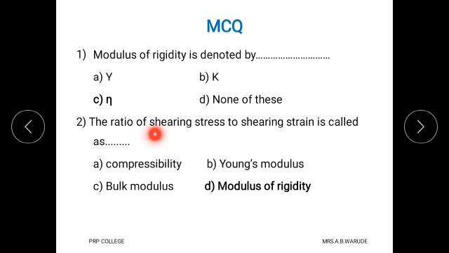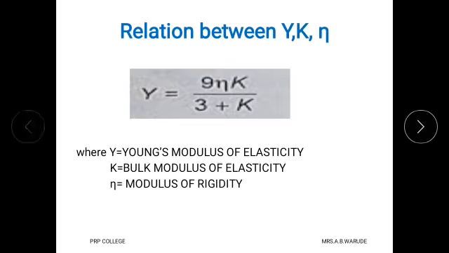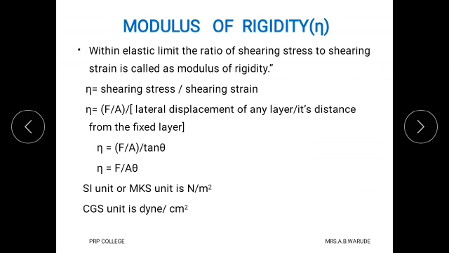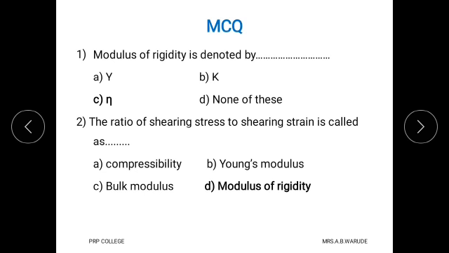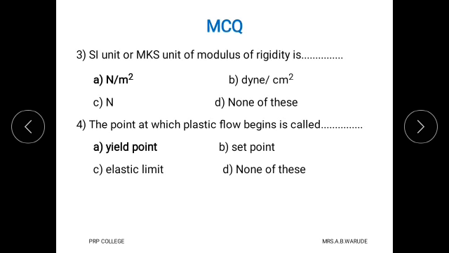Second question: the ratio of shearing stress to shearing strain is called. Option A is compressibility, option B is Young's modulus, option C is bulk modulus, option D is modulus of rigidity. As we know, modulus of rigidity is the ratio of shearing stress to shearing strain. Therefore the correct option is D, modulus of rigidity.